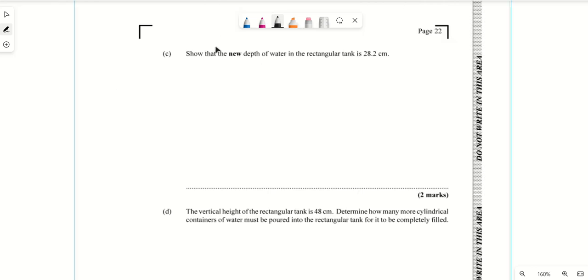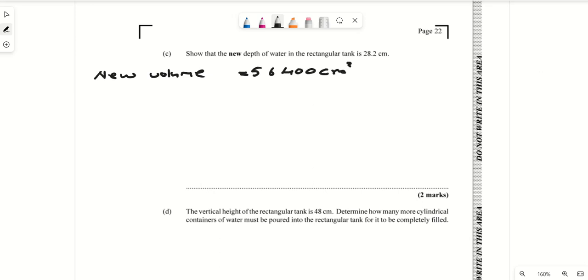So they said show that the new depth of water in the rectangular tank is 28.2. Now we know the new depth of water, so that means after we filled it with that from part 1. So we know that the new volume was equal to 56,400 centimeters cubed.